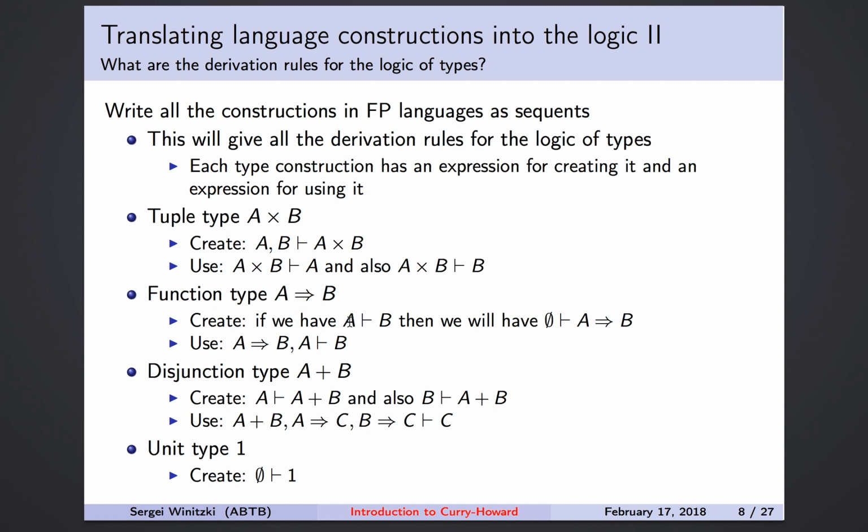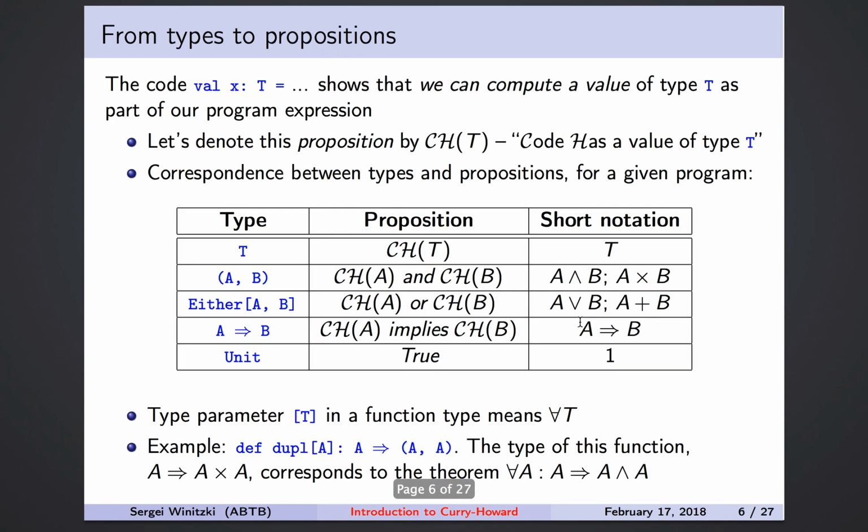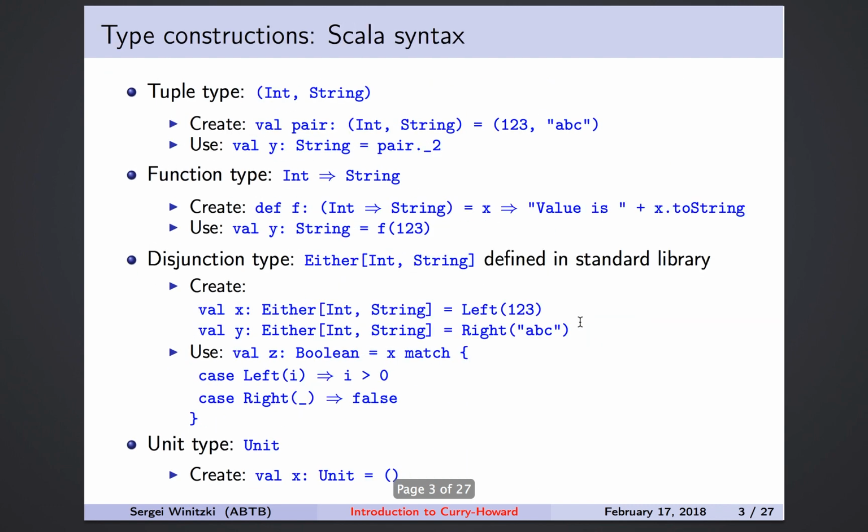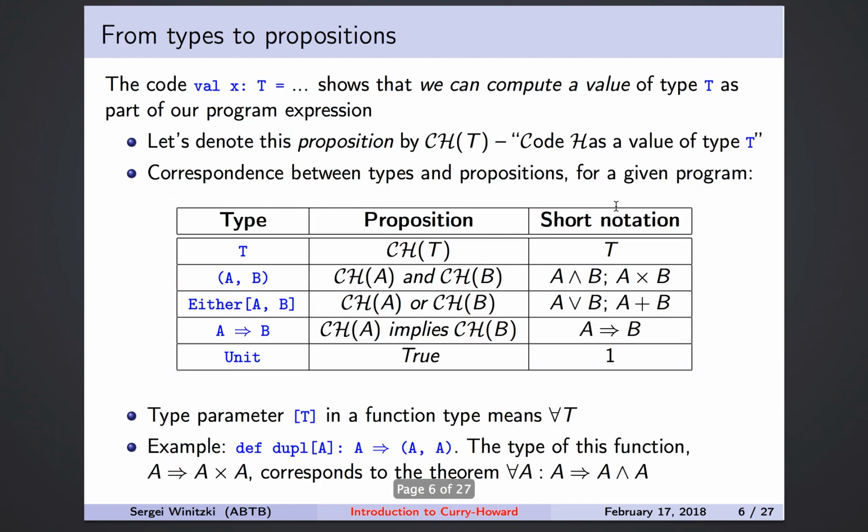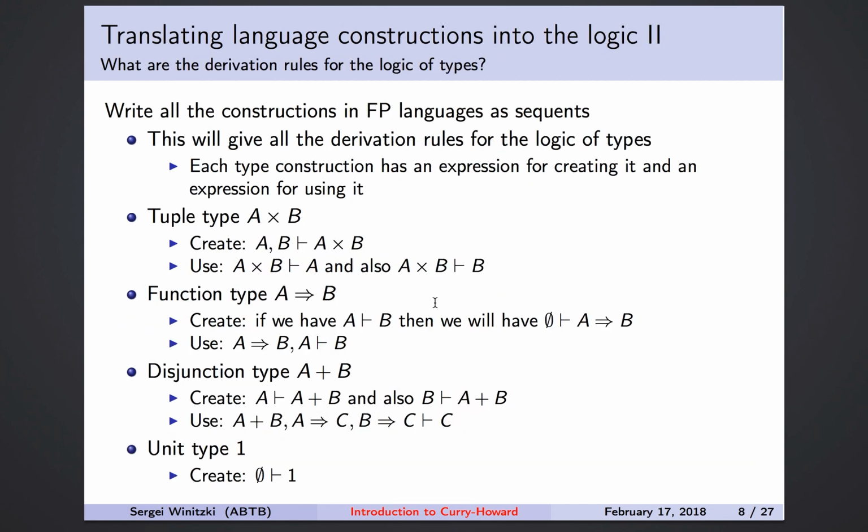So if I have this sequent, which is the body of the function that uses some variable of type A, then we can put this variable outside. So we have this body, we can put this x outside and make a function that takes x and returns this body. This construction of the language is represented by this derivation rule. If we have this sequent, which is the body, if we can write the expression for the body, then we can write the expression for the function.